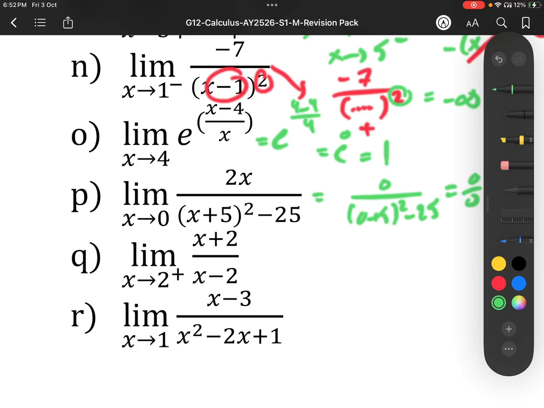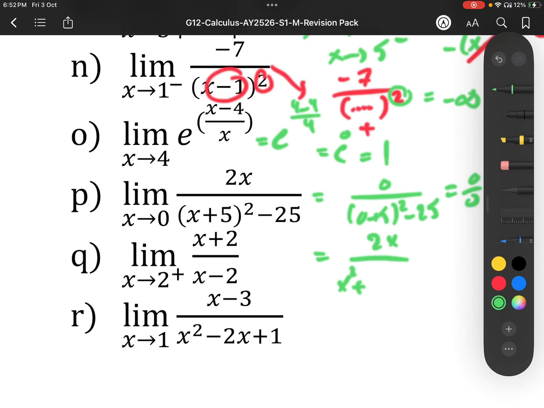And 0 over 0 is indeterminate, and we have to do something. So let me expand it.